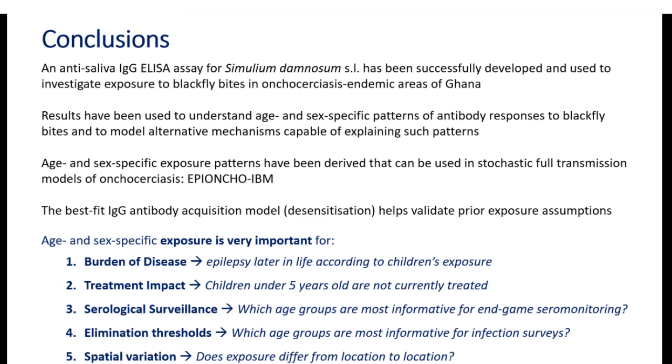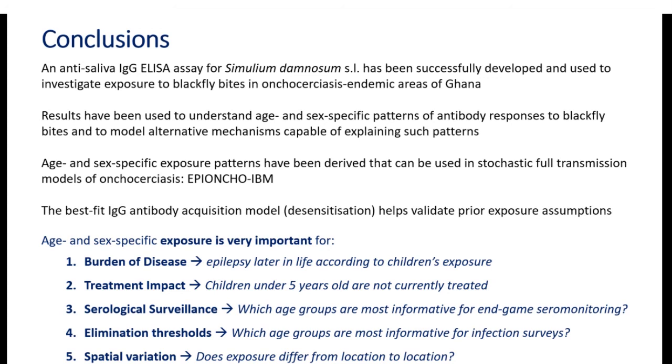But what was very interesting about this work is that the antibody work helped validate our previous assumptions that had been derived from, in this case, infection data rather than direct antibody data, but the two very much match. Why is this important? Why is understanding patterns of age and sex specific exposure so important?